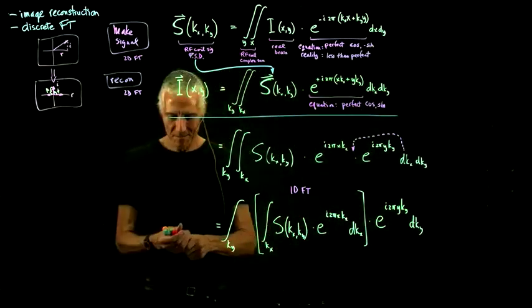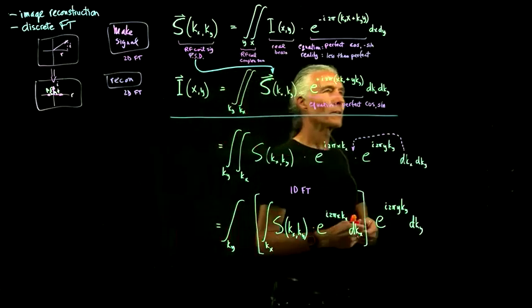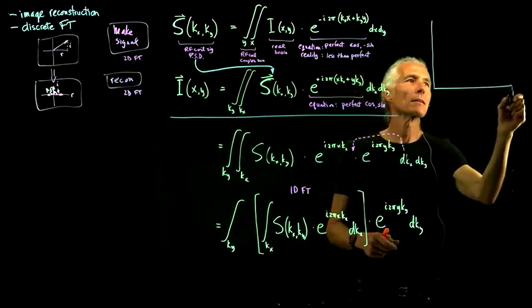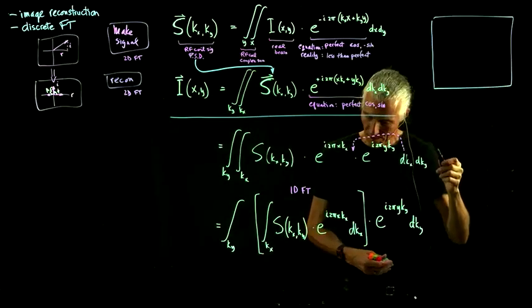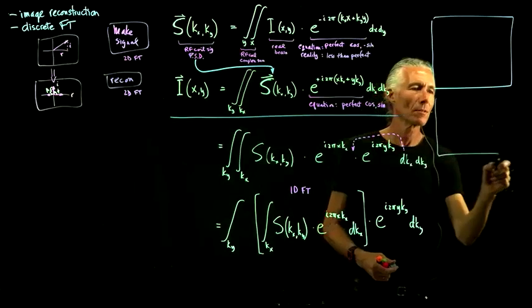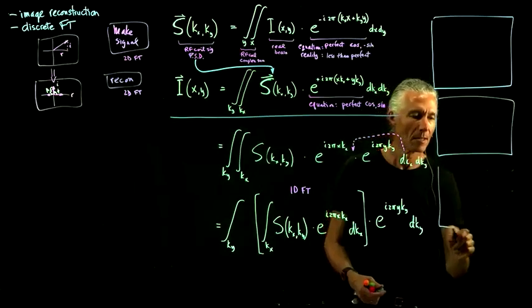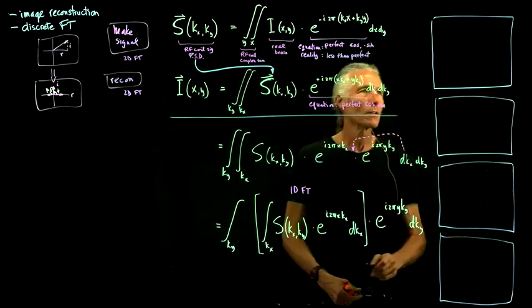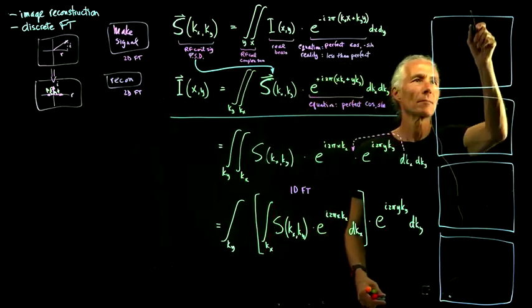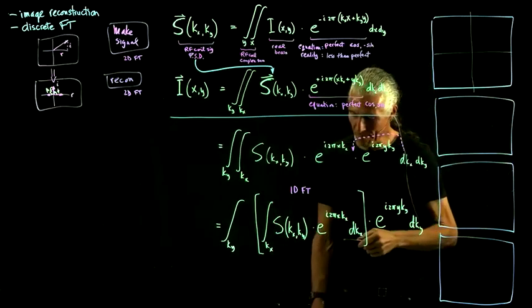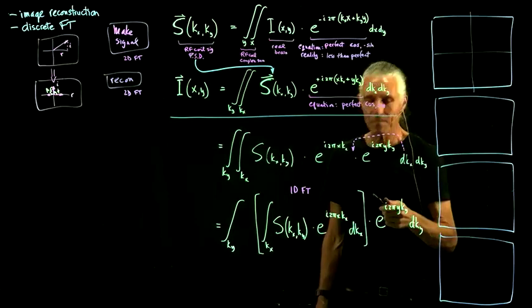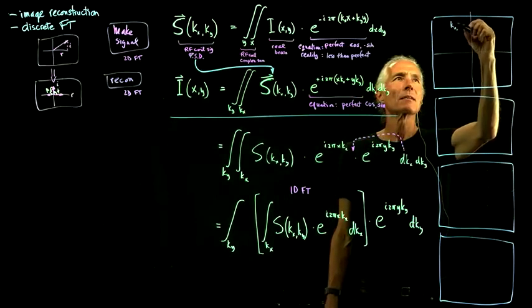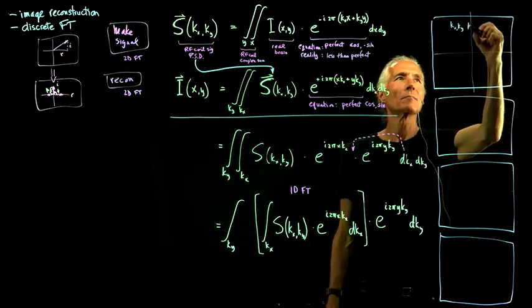What that means is you start off with your k-space data. So there's your k-space data, kx, ky.